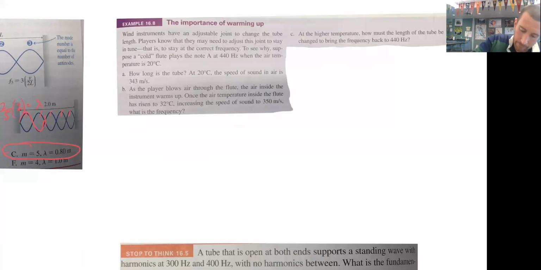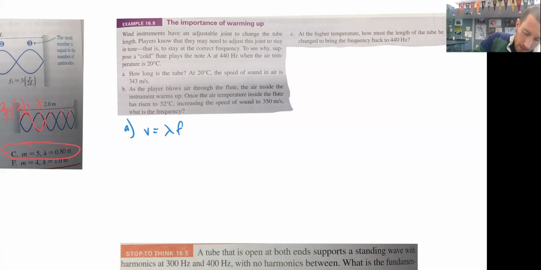Okay, so I'm going to solve for the wavelength first, and then I'll figure out the length from that. So for part A, I know that the wave speed equals the wavelength times the frequency.